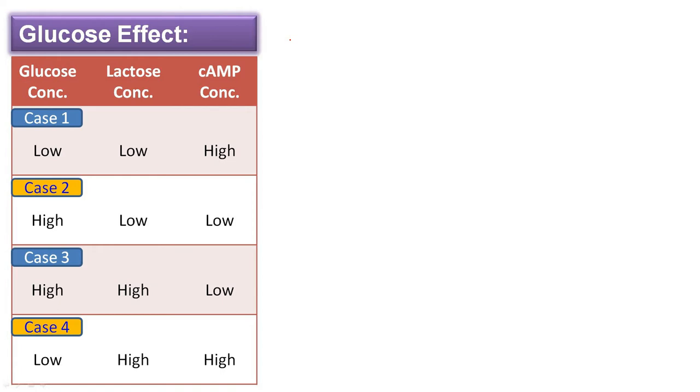Till now we have understood that for high level of transcription, the lactose must be present in the medium to inhibit the repressor and keep the operator site free, and second, either the level of cyclic AMP must be high, or in other words, we can say the level of glucose must be low.